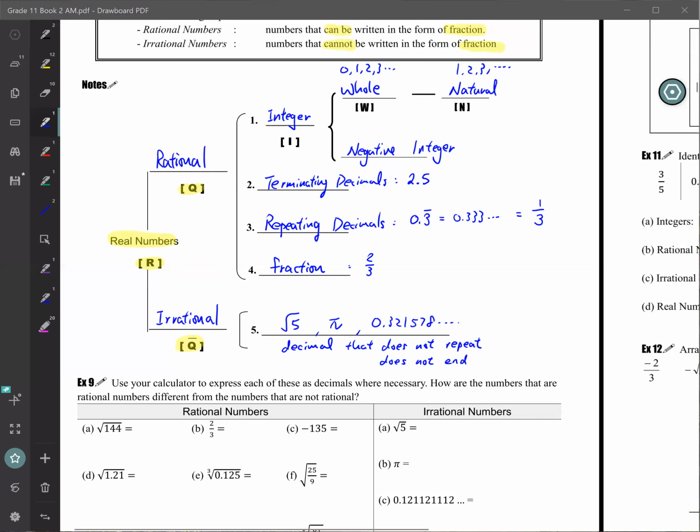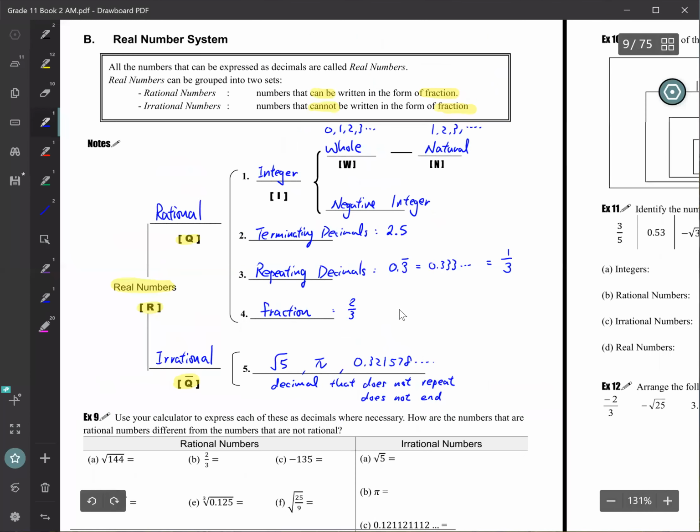So you just need to know the different categories of the numbers. All these make up the real number system. Can you raise your hand when you finish writing this table, the tree?